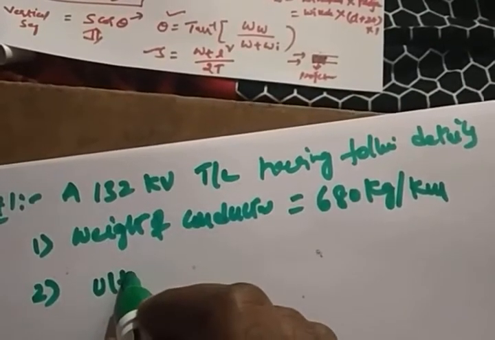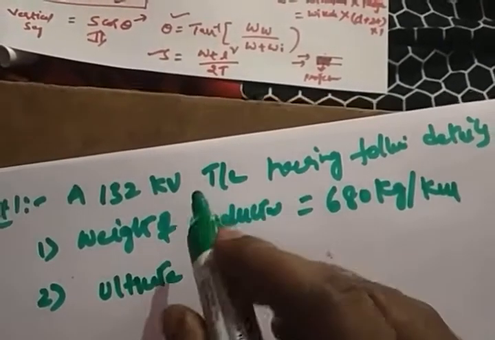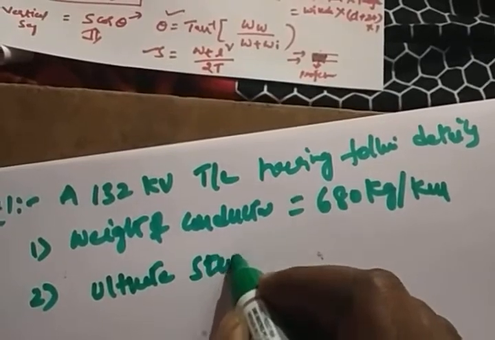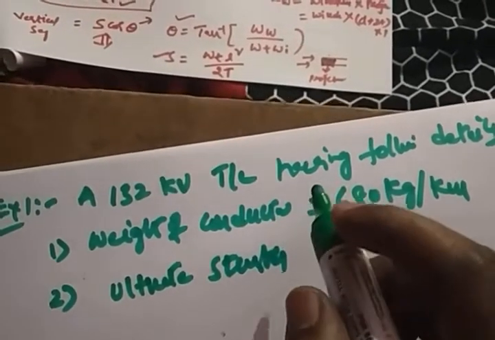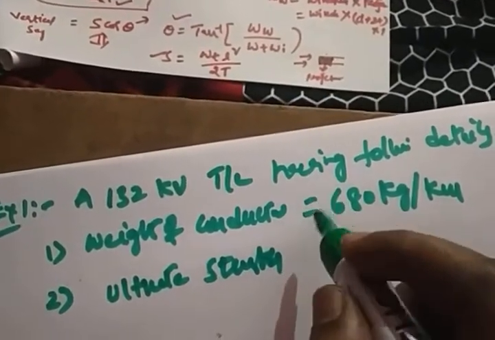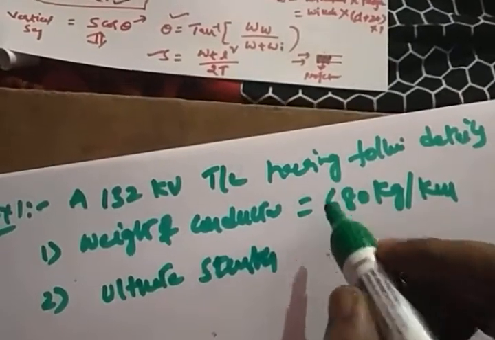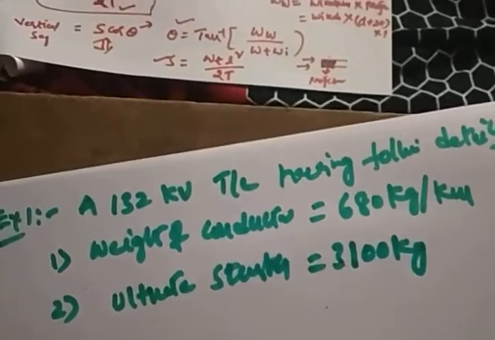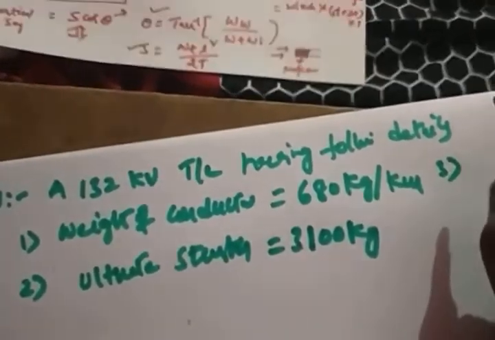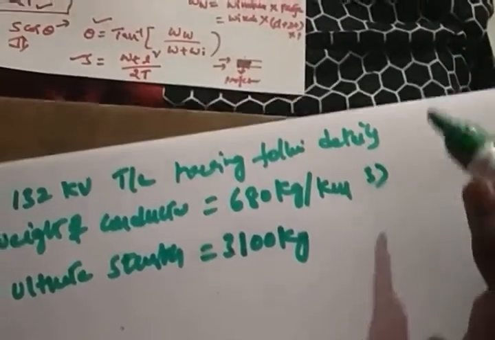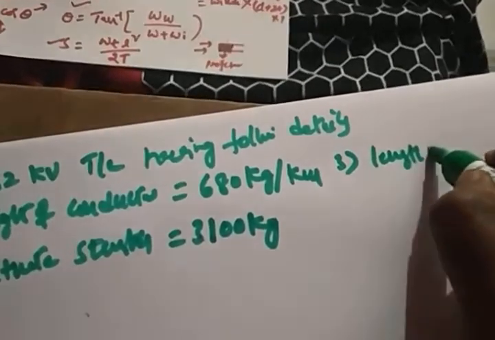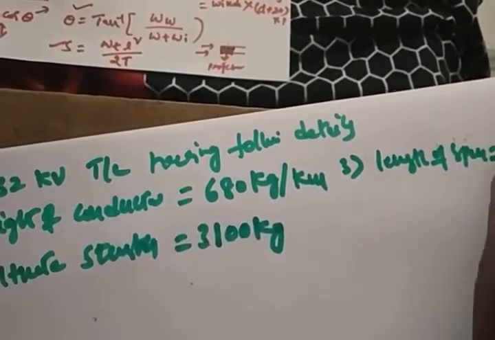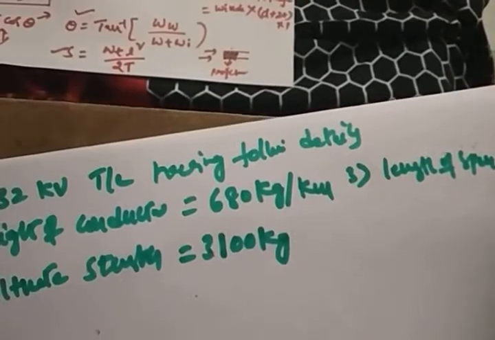And the second one is ultimate strength equal to 3100 kg. And the third one they given, length of the span is equal to 260 meters.